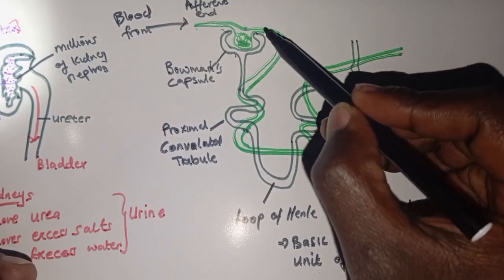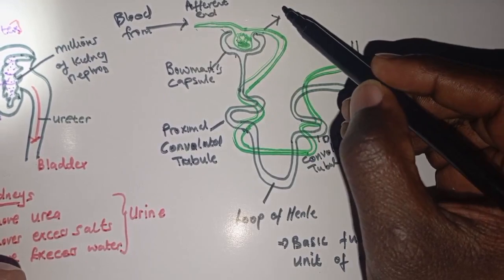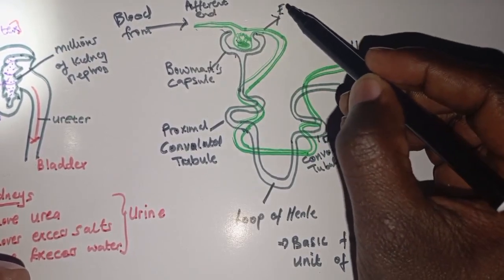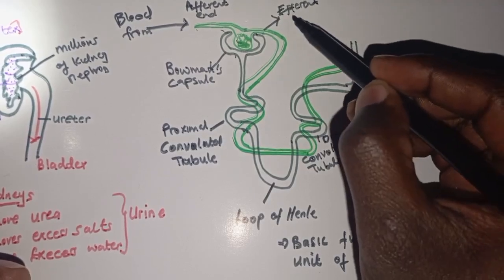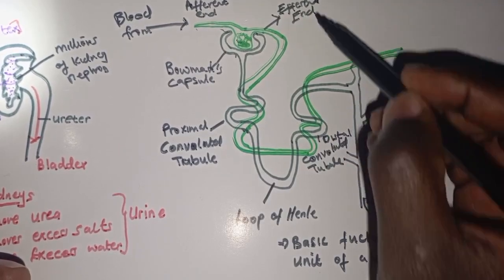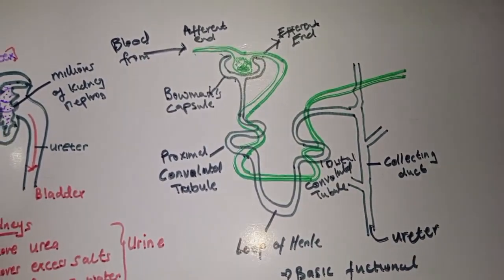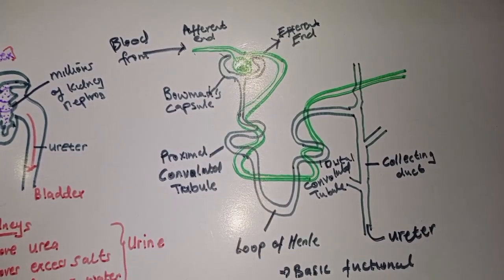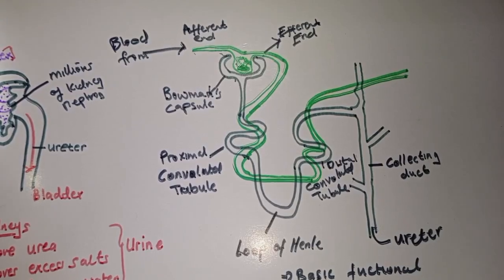So after everything, this which picks up blood to take it is called the efferent end. So you have the afferent end as well as the efferent end, and this is the Bowman's what? Capsule. Okay, so now we are going to look at three main processes. I think we've labeled everything, yes.